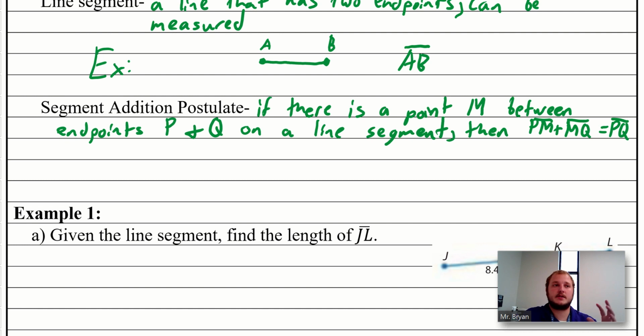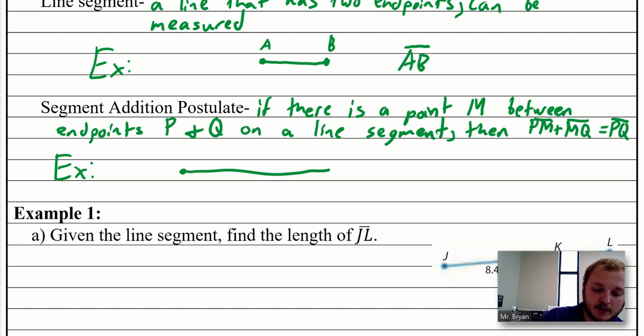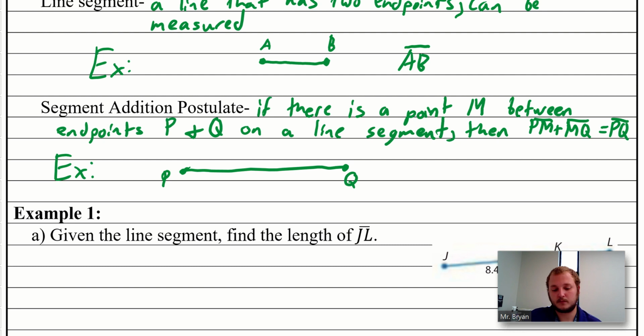Okay, so like I said, that's the technical geometry definition. If we want to see what this actually looks like, it's fairly straightforward. So I just need to create this picture that it kind of drew out in the definition. So we have a line segment here, P and Q, and it's saying we can put M somewhere in between them. So it could be far on the left side, far on the right side, it could be dead in the middle.